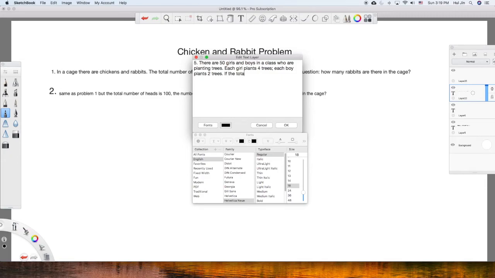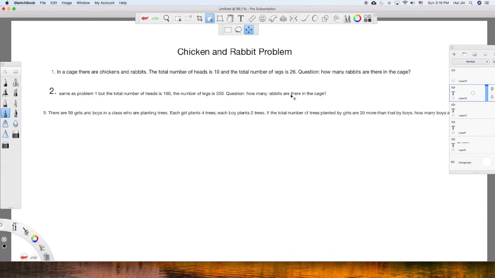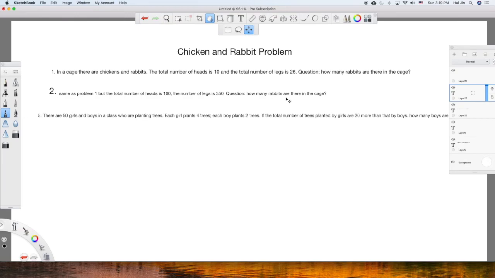If the total number of trees planted by girls are 20 more than that by boys, how many boys are in the class? Let's make it slightly smaller. Okay.